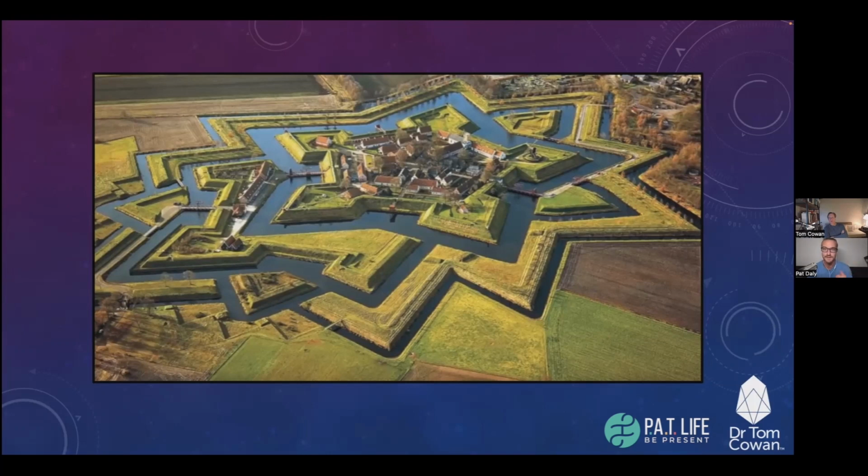And you can see it right here. For those listening, we're looking at a star fort, and it's a perfect geometrical pattern of a pentagon type, almost looks like a snowflake.